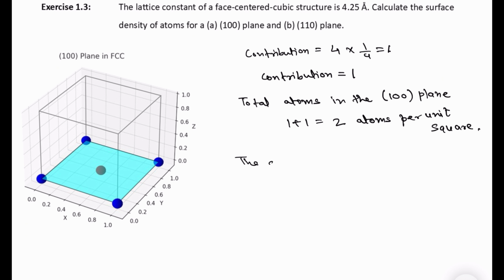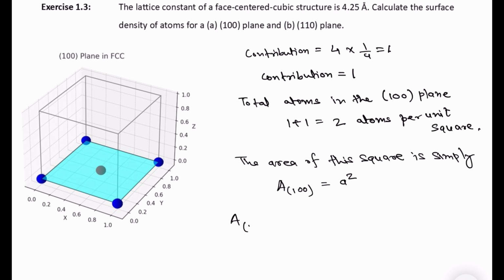The area of this square is simply A 100 plane equals A square. Substituting the value of A, which is 4.25 into 10 raised to power minus 8 centimeter, whole square is 1.806 into 10 raised to power minus 15 centimeter square.